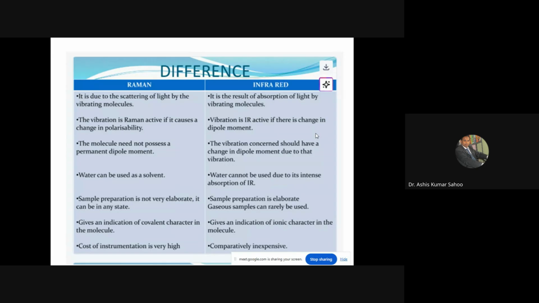Raman instrumentation cost is very high, but infrared is comparatively inexpensive, with less cost than Raman spectroscopy. So these are the differences between Raman spectroscopy and infrared. You can read them out carefully.